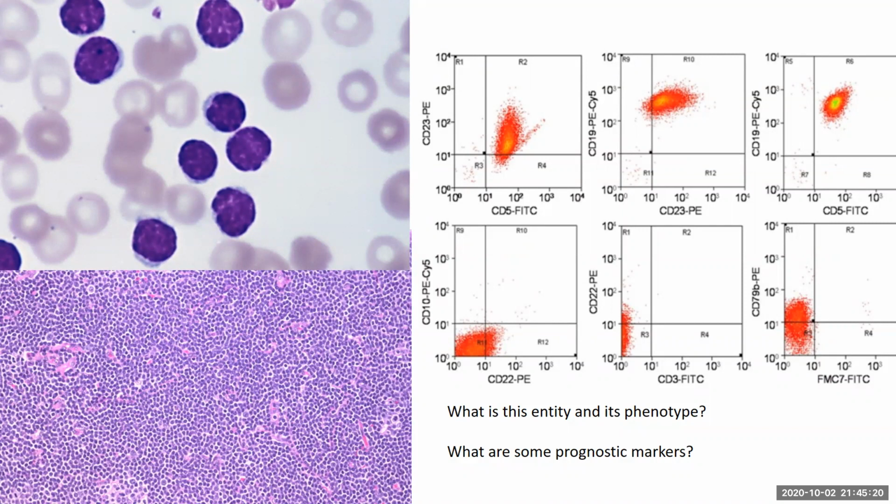Okay, ZAP70, good. There's also another one that's been described, CD49D, which we don't do here. What are some prognostic markers that indicate a more progressive phenotype, something we can do cytogenetically?